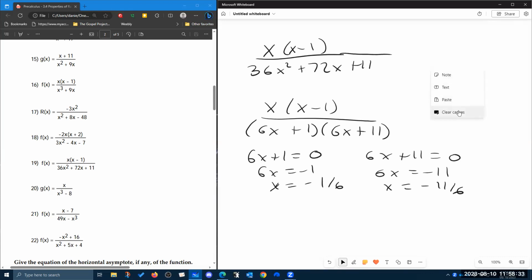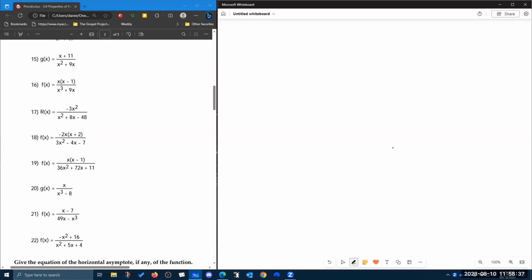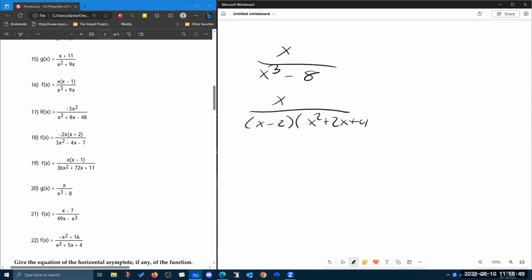We're back to a difference of cubes for number 20. No common factors.